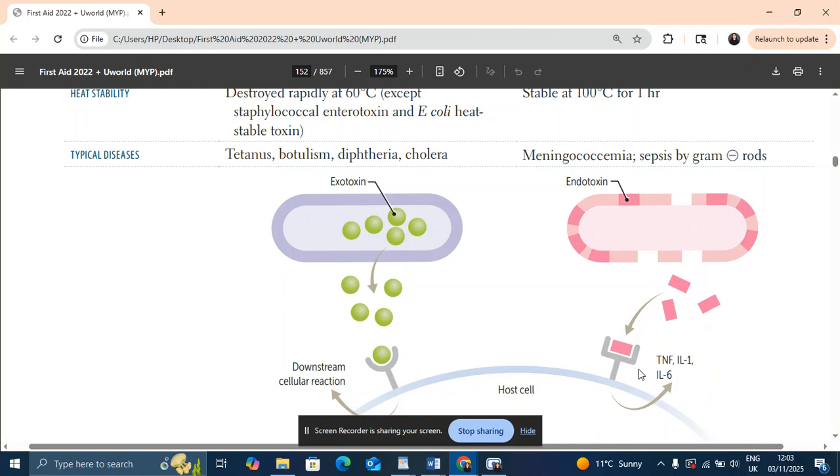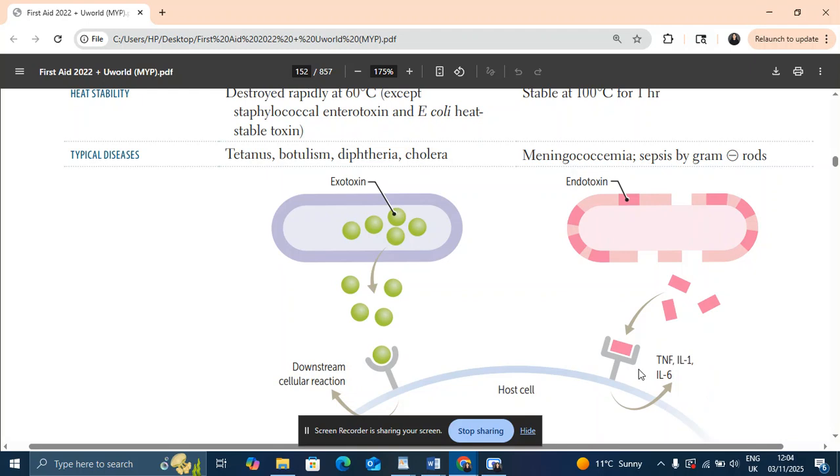So TNF alpha is a pro-inflammatory cytokine that causes fever. It causes acute phase reaction, increases vascular permeability and causes edema. They also mediate septic shock. Interleukin 1 is also a pro-inflammatory cytokine that also causes fever.